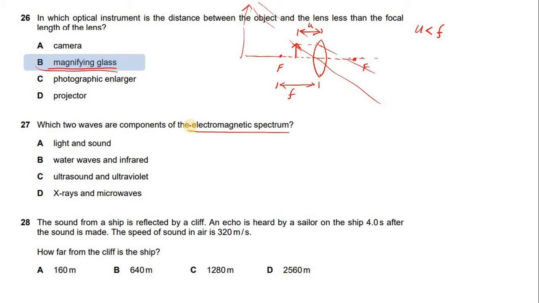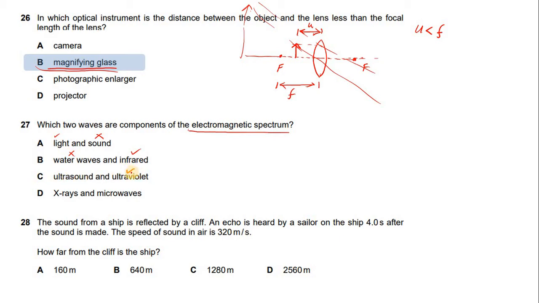If you know your electromagnetic spectrum, then you can easily choose the correct answer of this MCQ. Light and sound. Light is a part of the electromagnetic spectrum but not sound. Water and infrared. Infrared is a part of the electromagnetic spectrum but not the water wave. Ultrasound and ultraviolet.